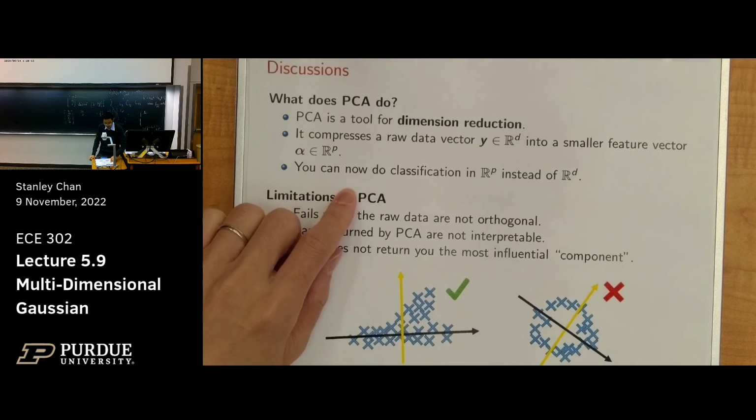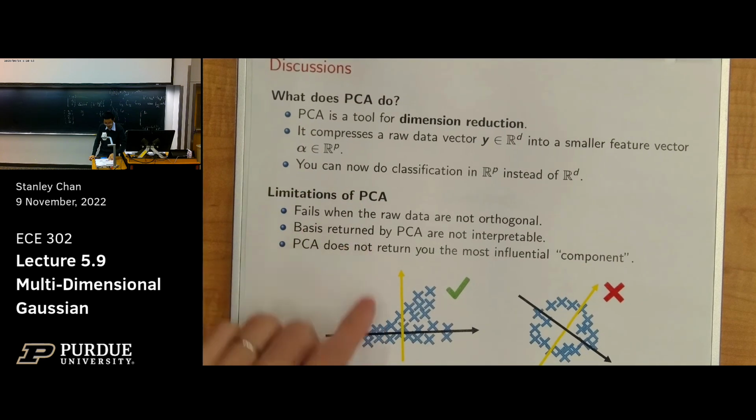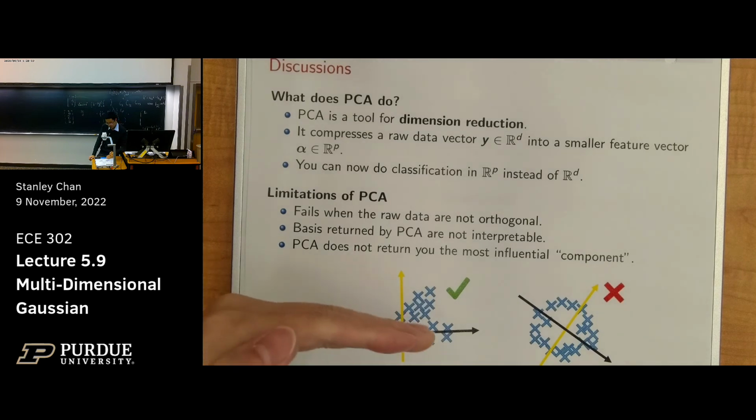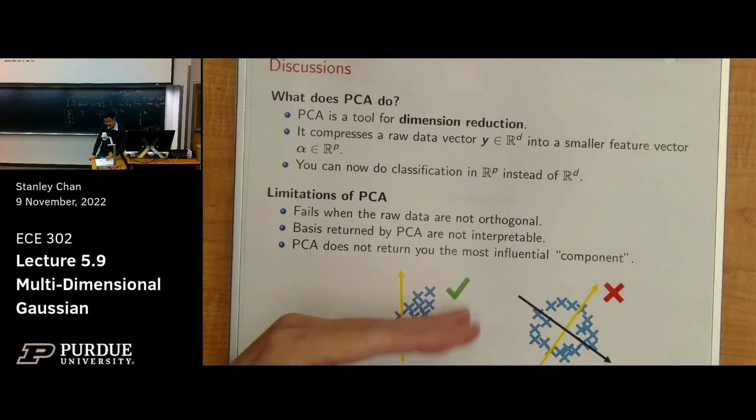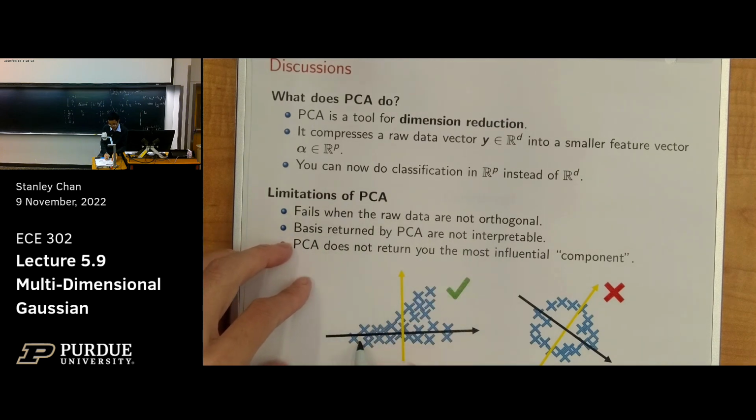Now there are some limitations of PCA. There are data sets where PCA doesn't work. Let's say your data is distributed in this way. Then you can easily find one major axis and then the other axis. So this PCA idea will work. They can pick up the different orientations.